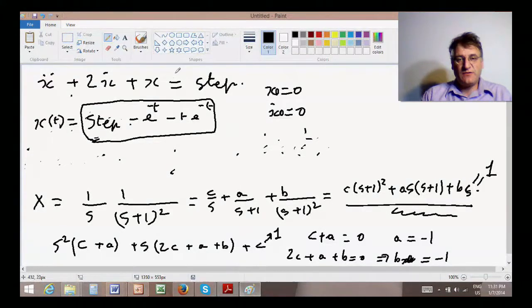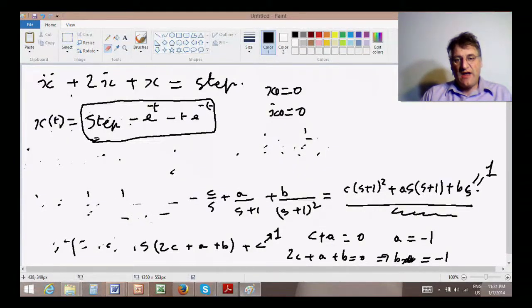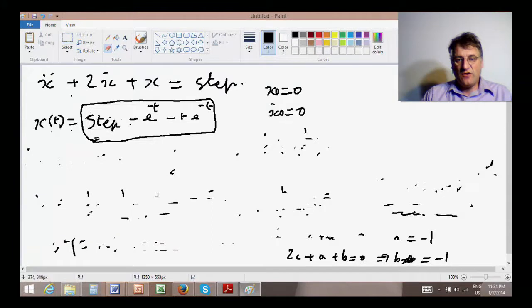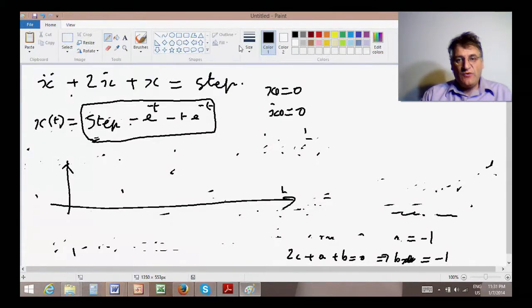By the way, here is the graph of this. That means we actually do have the response of a very interesting differential equation to a step. We will see that over and over again. We draw the two axes, and we have a step.